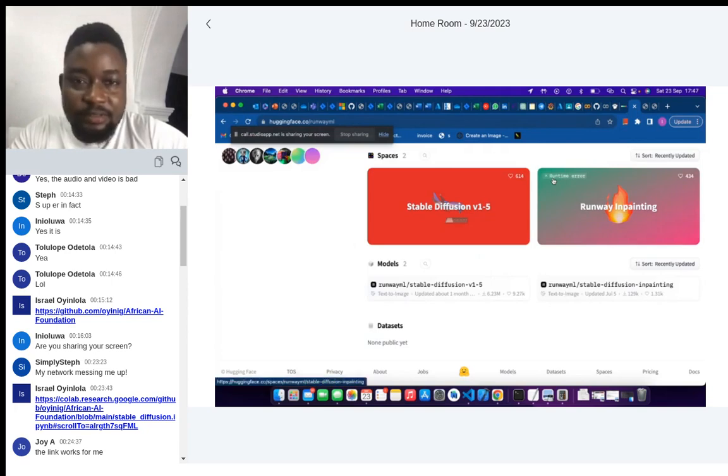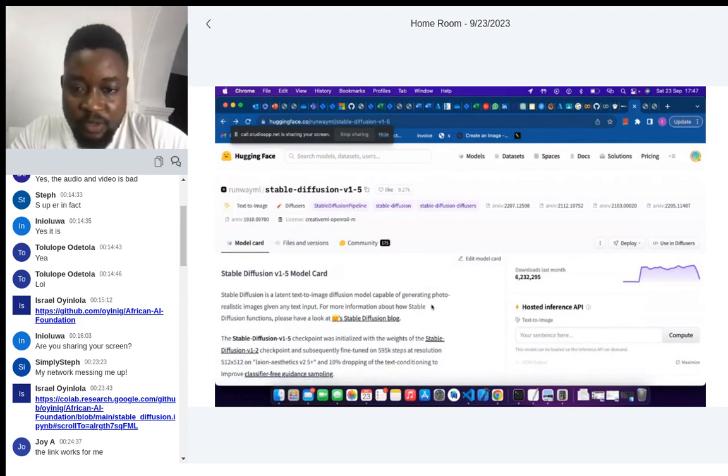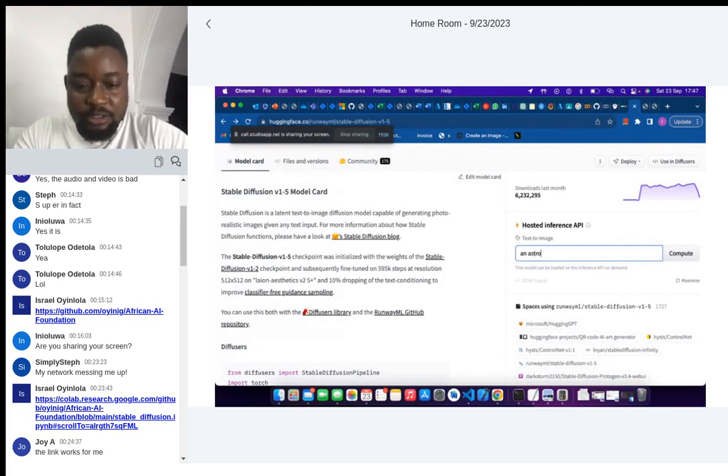While this is loading, let's check more of the data available, I mean, the data sets used. By the way, you can actually come here and do a few inferences as well.